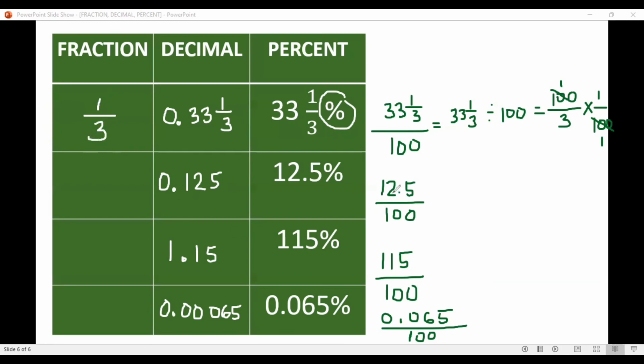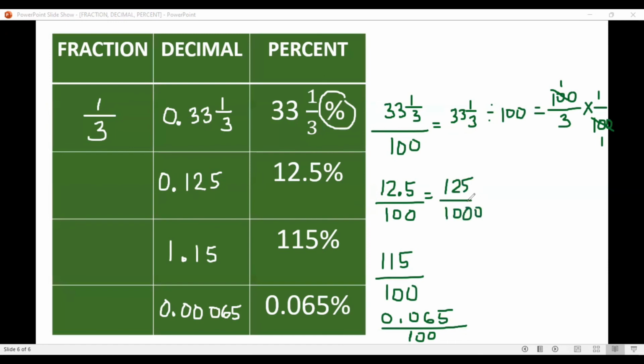Okay, now what about this? The 12.5 over 100. Now, for us to get rid of the decimal point that is existing, what can we possibly do? We can actually multiply this by 10, so that the answer that you will be getting is 125 over 1,000.